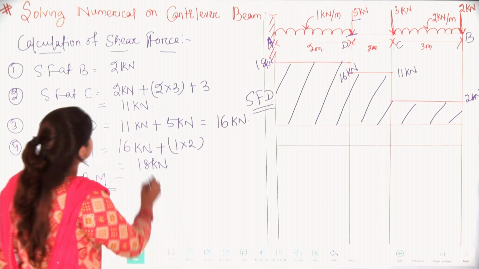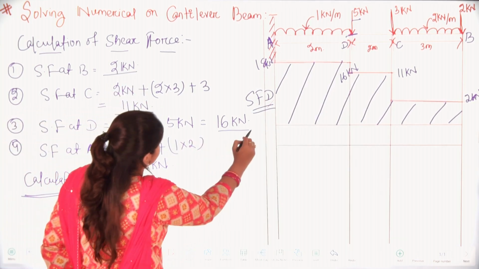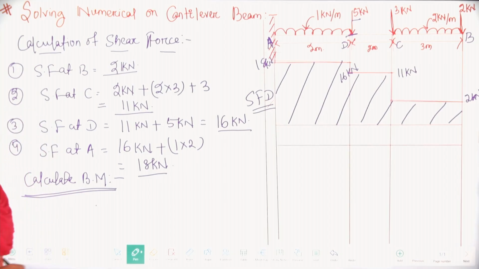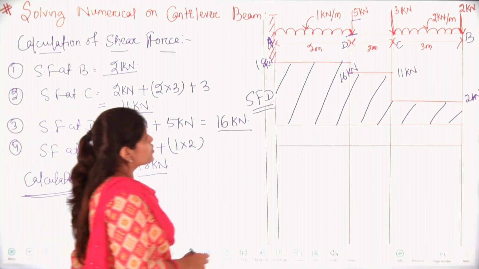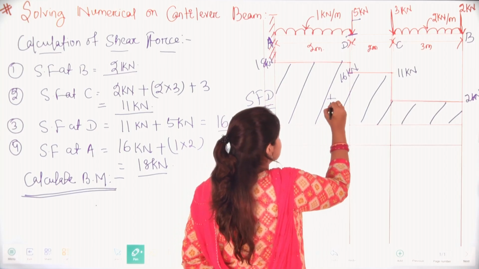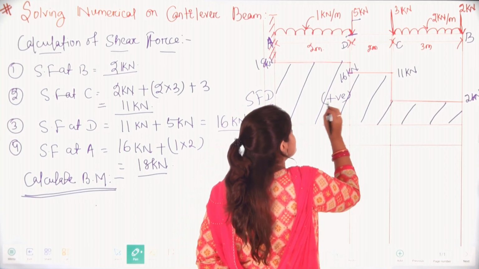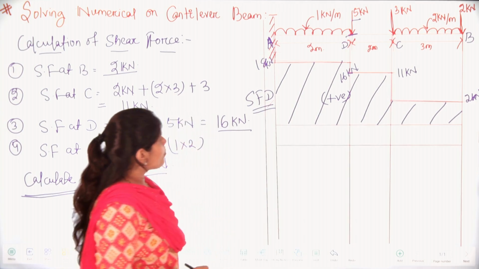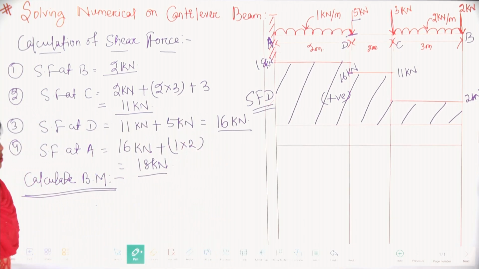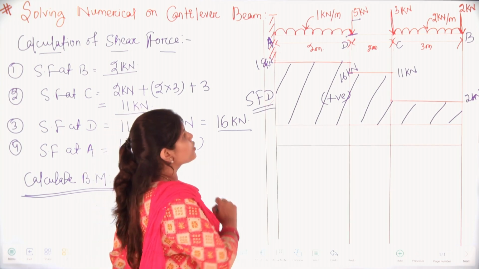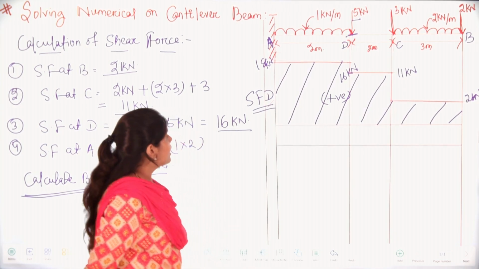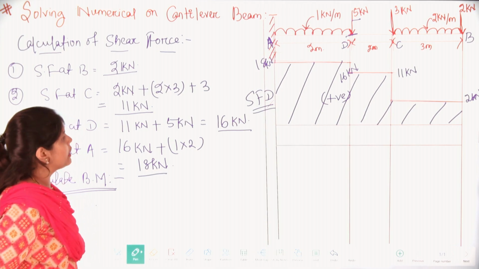What you got here? You can check that you have all positive shear forces, so this drawing is a positive shear force diagram. The next work is to find the bending moment.